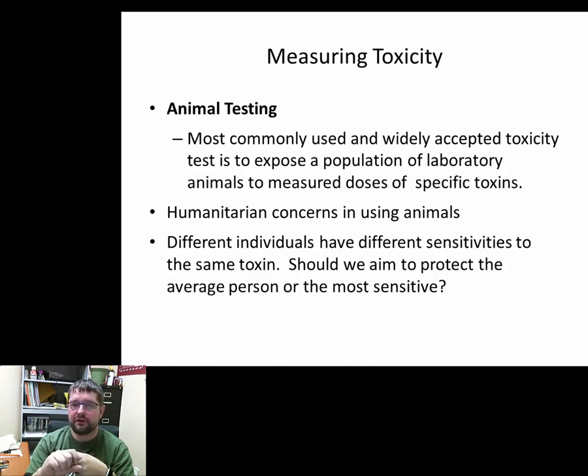So there is no diversity of genes, because they're all bred with the purpose of, hey, we're going to use these animals, and then they're going to be culled off, they're going to die after the experiment. So they're all genetically identical, but that does no good if we have different sensitivities from individuals that might be exposed to this chemical. And so that's a huge problem when it comes to animal testing.